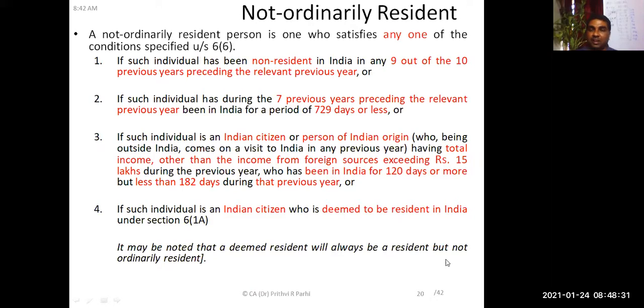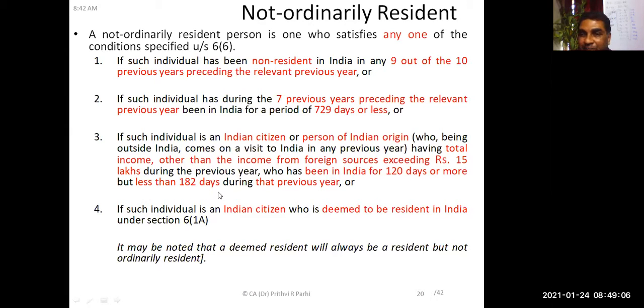Right. Third condition is for some specific category of persons. If individual is a citizen of India or a person of Indian origin who, being outside, comes to India on a visit and the total income other than the income from foreign sources exceeds rupees 15 lakh during the previous year, who has been in India for 120 days or more, but less than 182 days.